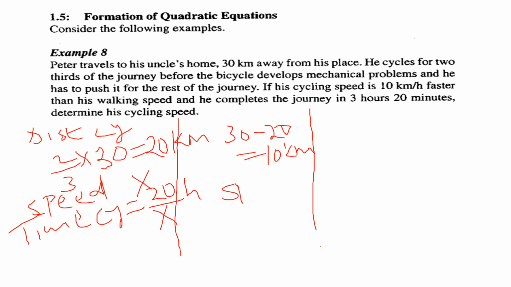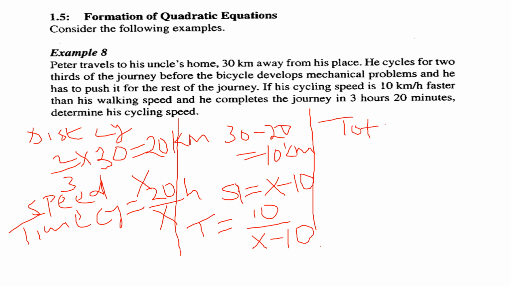And then we can also get the time he walked. First of all, we need to get the remaining distance. Since he had cycled 20, the remaining distance was 30 minus 20, which gives us 10 kilometers. So that was the distance that he had walked.